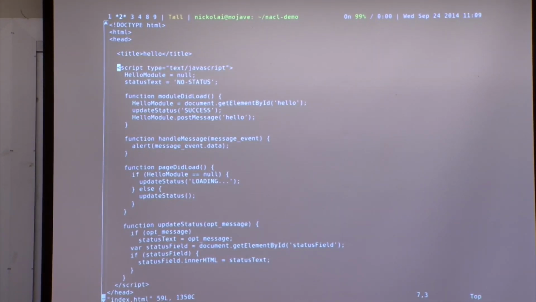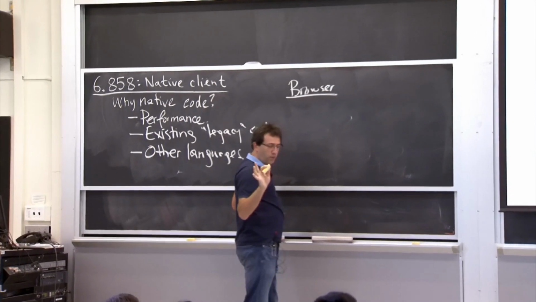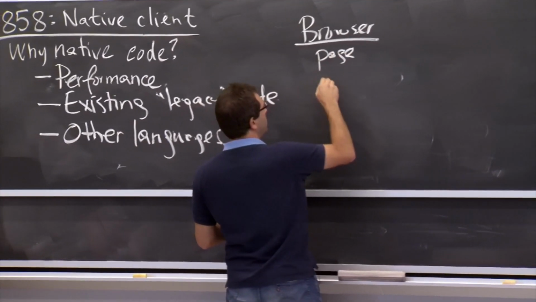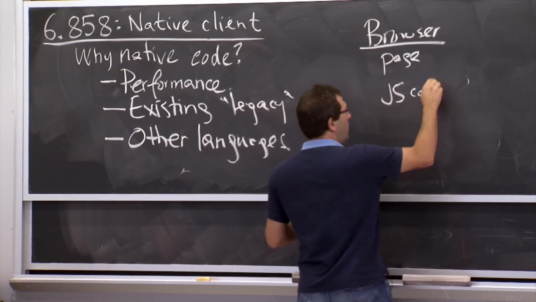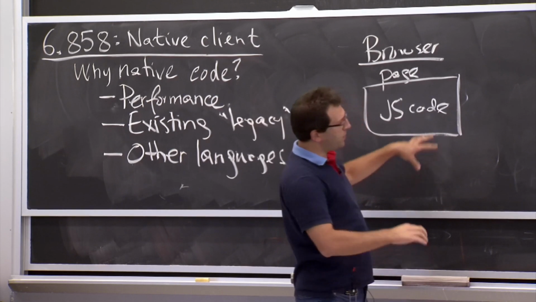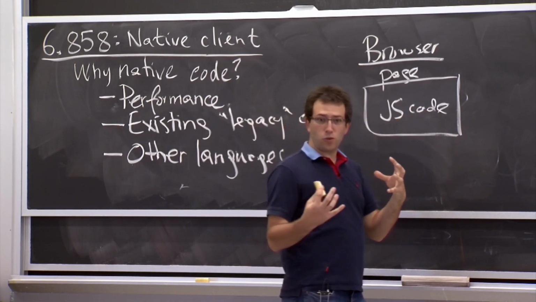The way you can think of this running in the browser is that you have the browser. We'll talk much more about web security later, but roughly you have a web page that contains some JavaScript code, and this runs with the page's privileges. This can do various things to the web page itself, maybe talk to the network in some circumstances.